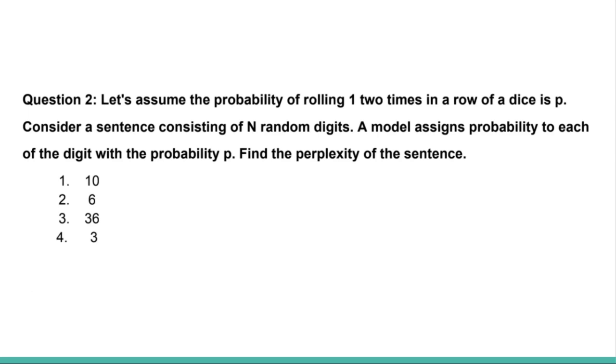So here question 2 is: let's assume the probability of rolling 2 times in a row of a dice is P. Consider a sentence consisting of n random digits. A model assigns probability P to each of the digits, and we need the perplexity of the sentence.